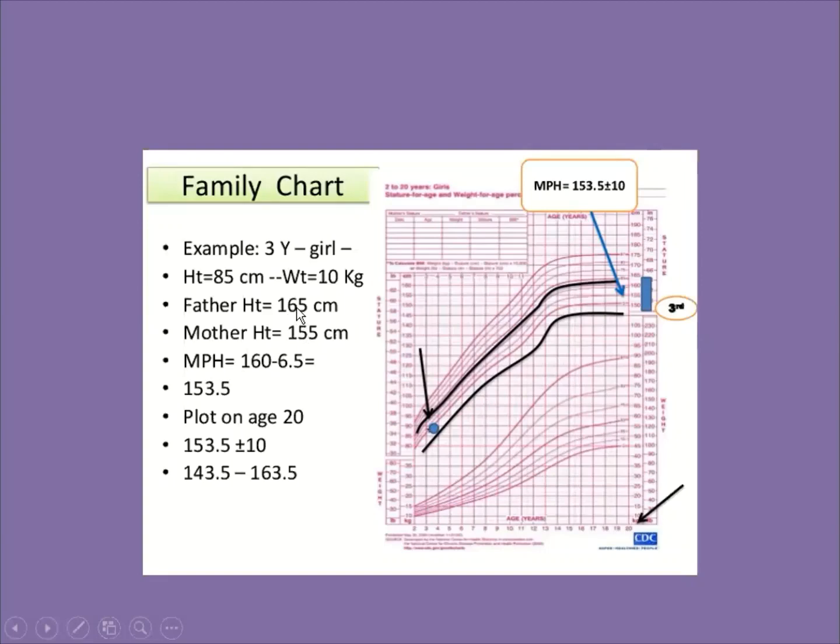This is the mean, 165 plus 155, average is 160, and they have deducted 6.5 because she's a girl. They have got a value of 153.5. So this is that, and then they have added and deducted 10 centimeters and made the mid-parental height range.